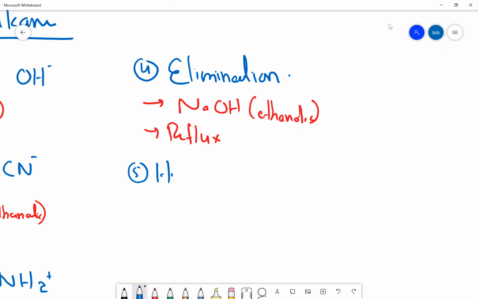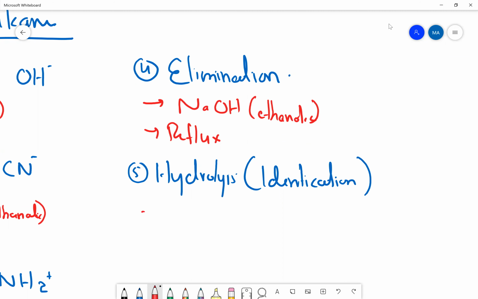So let's just write it here, hydrolysis for identification. It's not a reaction, it is a test. So you need AgNO3 aqueous, and then the NH3 for the identifications.